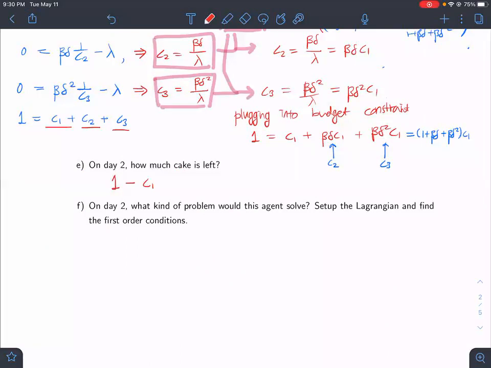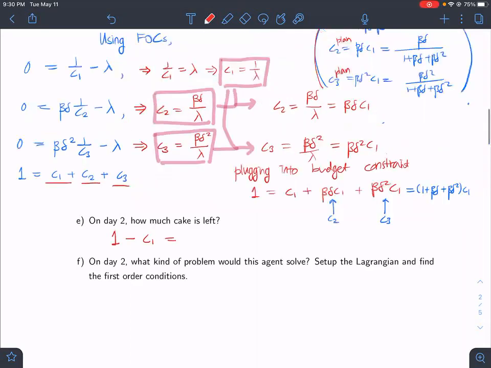So 1 minus C1 is how much cake is left for day 2 and day 3. And this is just 1 minus 1 over 1 plus beta delta plus beta delta squared, which is beta delta plus beta delta squared over 1 plus beta delta plus beta delta squared.